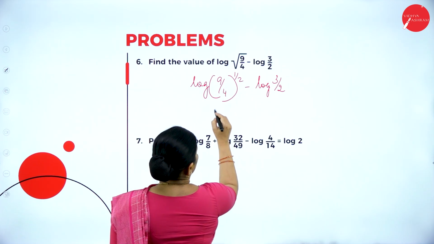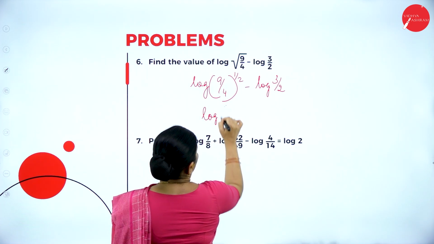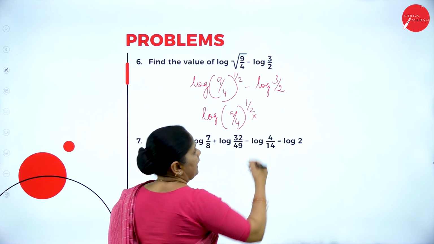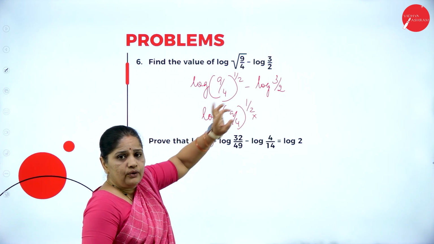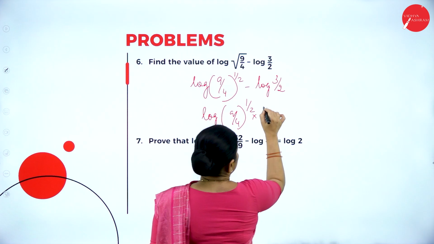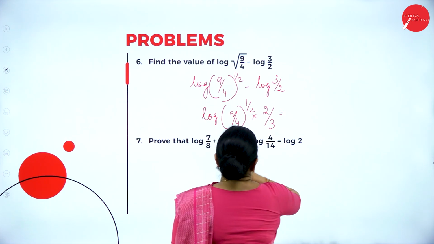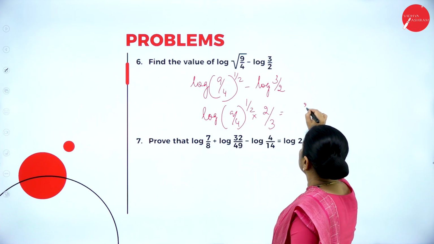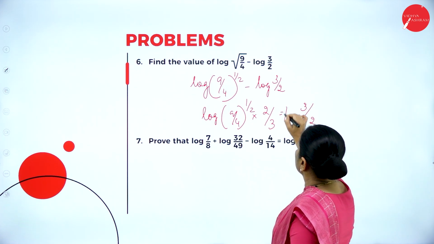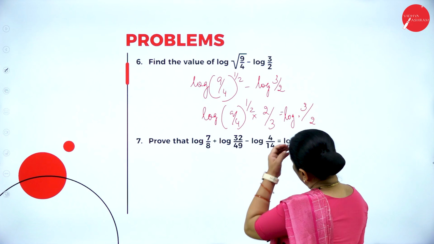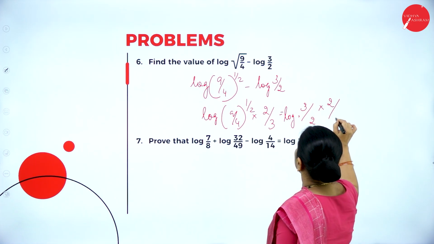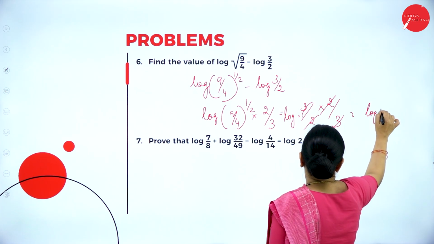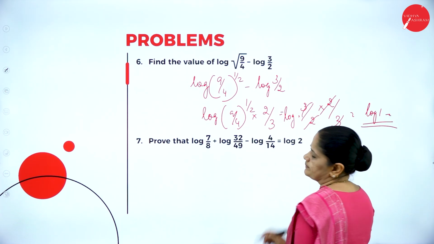So this will be equal to log of 9 by 4 to the power half, and if there is a minus sign, we take the reciprocal, into 2 by 3. Or this can be expressed as root of 9 is 3, root of 4 is 2. Log of 3 by 2 into 2 by 3. 2 and 2 cancel. So log 1 is the answer.